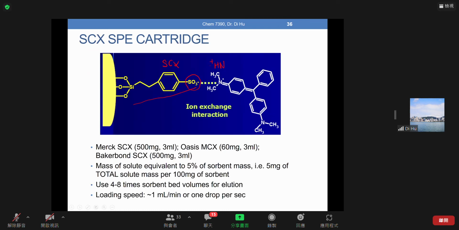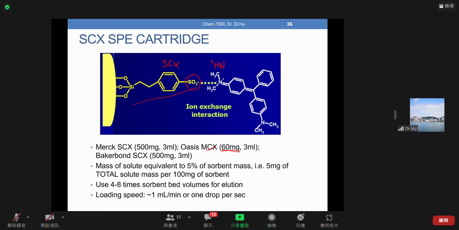And this is what we see here for the strong cation SPE cartridge. We often use the Oasis MCX, or we can use Merck SCX, and this is the packing. Normally, the more mass packed, the larger the sample volume you can handle.